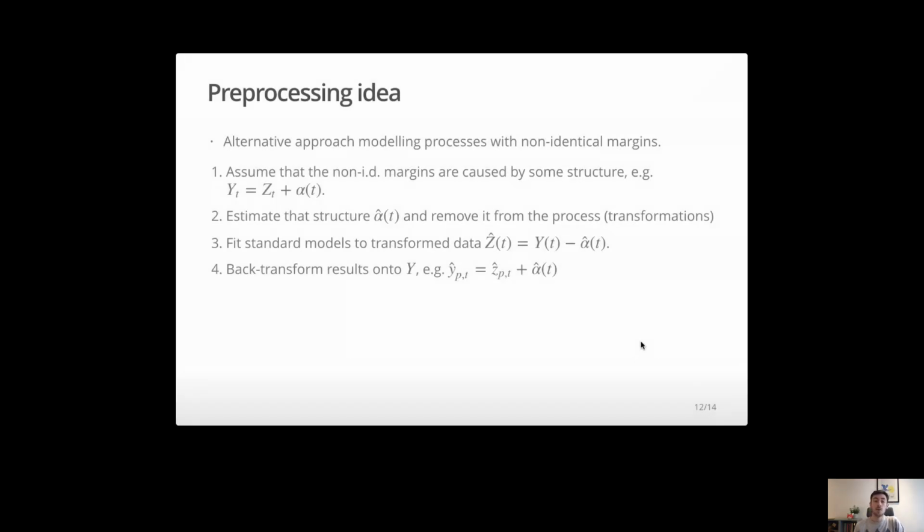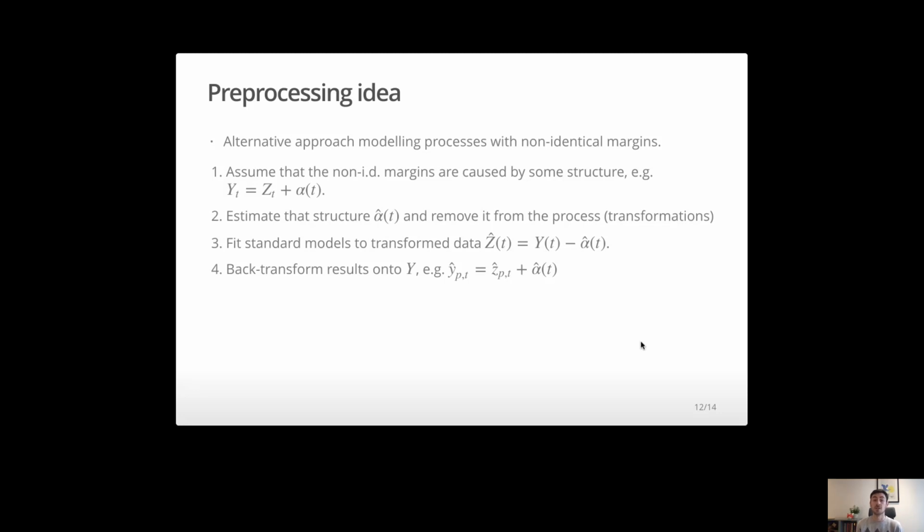In order to do this, what we have to do is assume some particular form for the departure from identical margins. So for example, we might assume that there is a mean trend. So our observed process y of t is some IID process zt plus some function of time alpha. What we then do is estimate this structure component to get an estimate alpha hat, and then remove that structure from the process through a series of transformations.